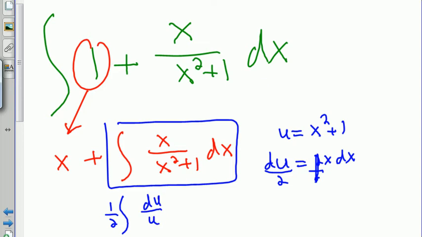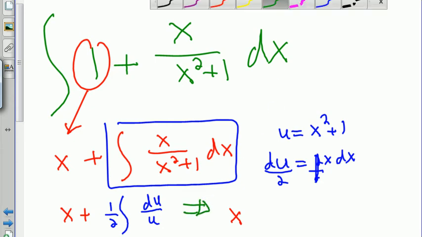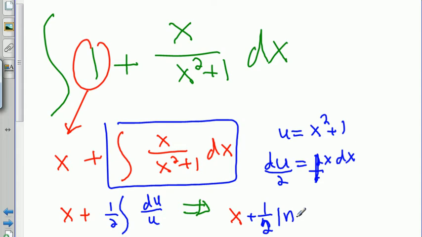That's how I like to write it. The x is still there. And now we have that integrates to 1/2 ln of the absolute value of u plus c.